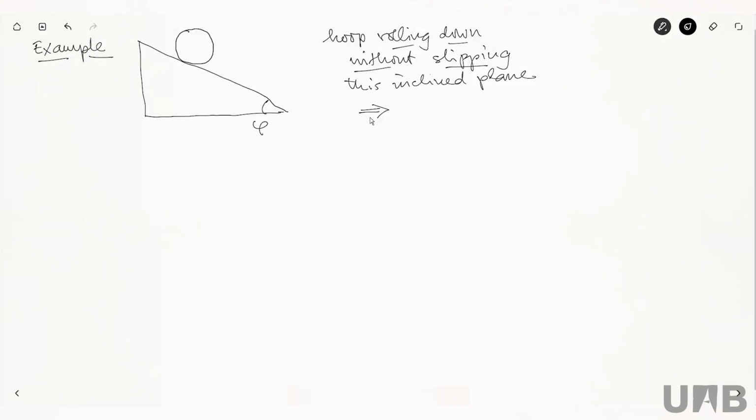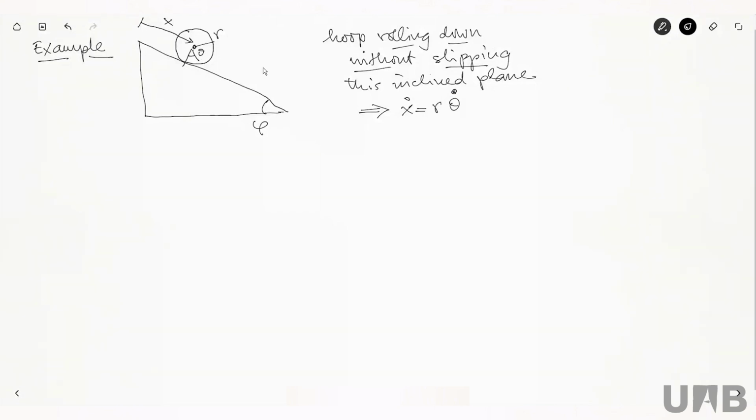If, let me just call x this distance from the top, and I call r the radius of this hoop, then x dot equals r times the angular velocity, right? Where the angle theta is this angle here.